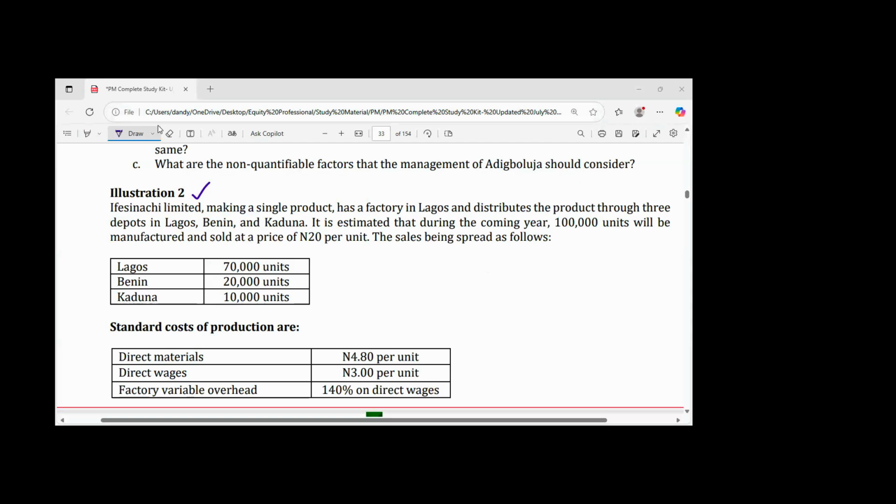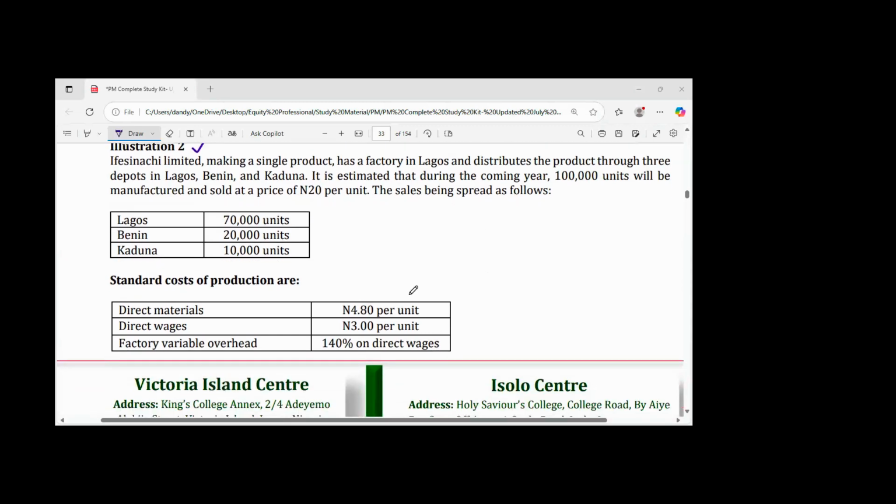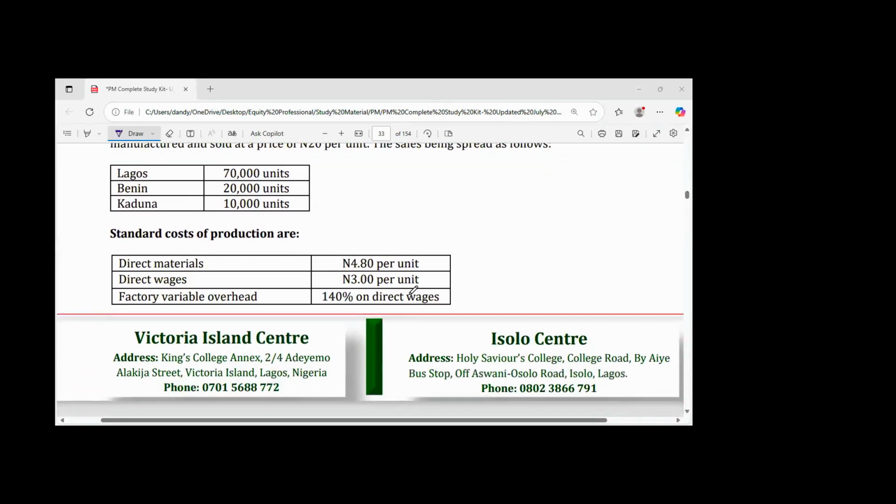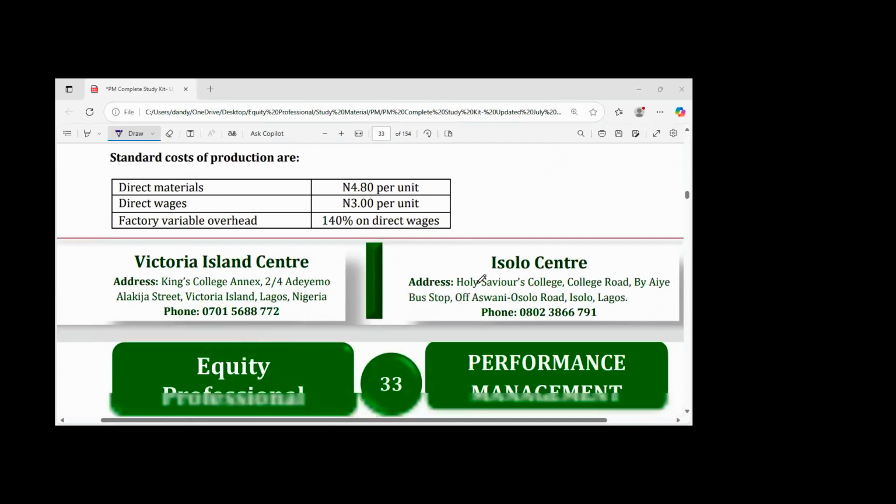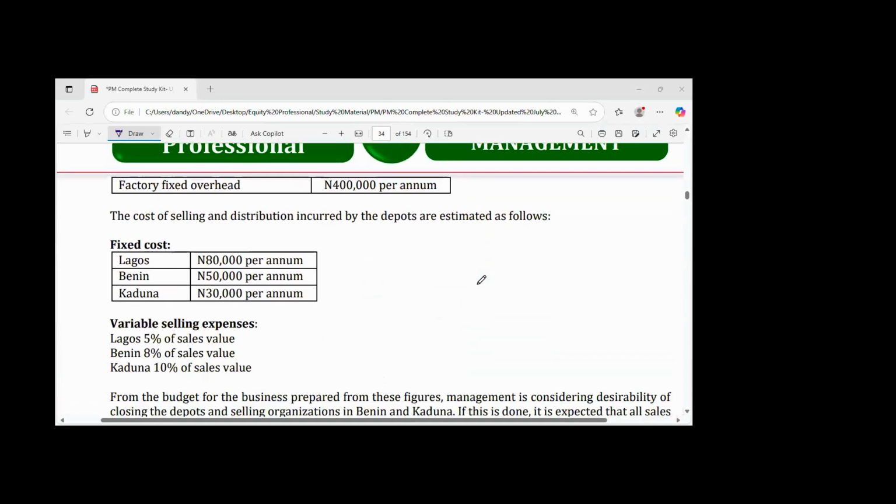The sales being spread are as follows: Lagos, 70,000 units; Benin, 20,000 units; Kaduna, 10,000 units. Standard cost of production are direct material, 4.8 naira per unit; direct wages, 3 naira per unit; factory variable overhead, 140% on direct wages; factory fixed overhead, 400,000 per annum.